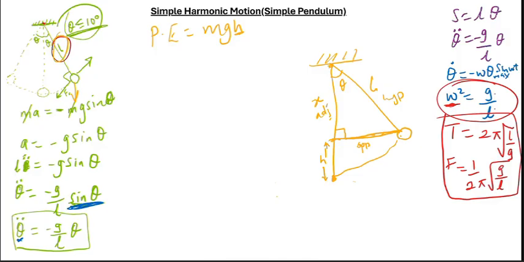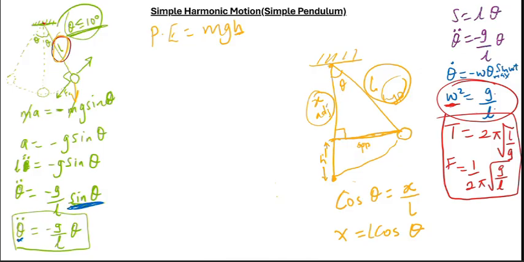Then what is related with this place and this place? We know that our cos theta, because it is adjacent we are talking about, is adjacent, which is the place we are looking for, over hypotenuse, which is our length. If we cross multiply, we have our x to be equal to L cos theta. And you know that this height plus this x is equal to the length of this rod.